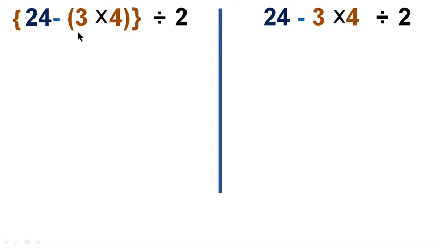But the first simplification uses a bracket and the second one is bracketless. Let's solve the first simplification. In the first bracket, we must multiply here. If we multiply 3 by 4, we get 12. And all these will be written here same.